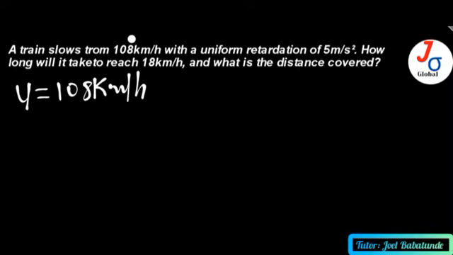Now note this word, retardation. Retardation is the opposite of acceleration. So I'm going to have A, and since it's the opposite, I'm going to put a negative sign in front. That's minus 5 meters per second squared. Because it is slowing down, it has to retard. If it's going up, it has to accelerate.